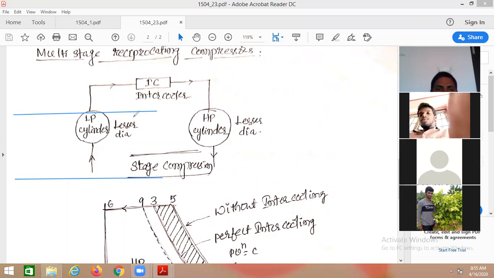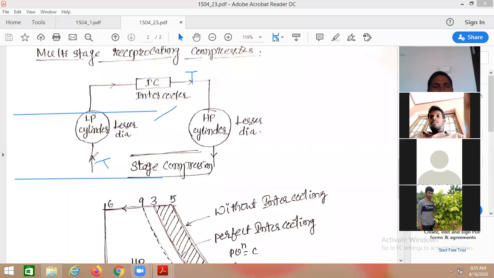So the temperature at the exit of the intercooler is the same as the temperature at the beginning of the LP cylinder, but the pressure here is different.